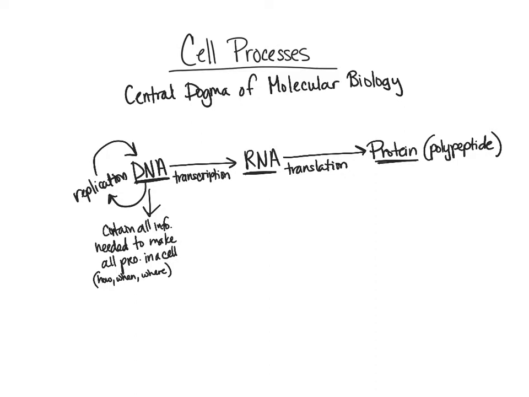Now remember that RNA are copies of small chunks of DNA. So we take DNA, we look at some small sections, we make some copies of it, and we get RNA.